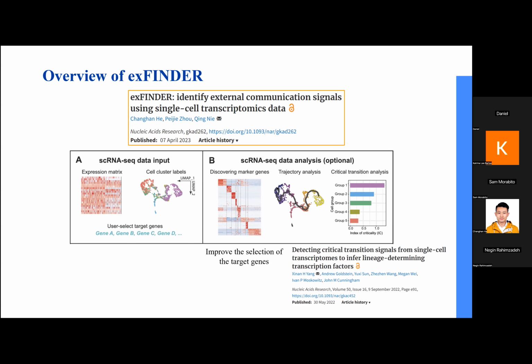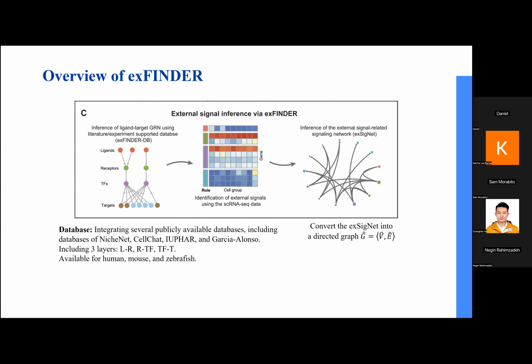And then once we have part A prepared, these three inputs, we can perform the first step of exFINDER analysis. First, we infer the ligand-target gene regulatory network using literature or experiment supported databases. For this database, we did not manually collect the data.